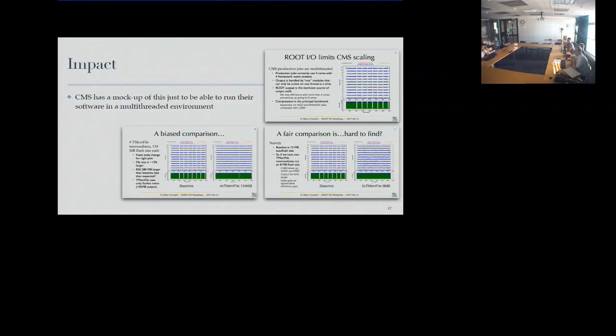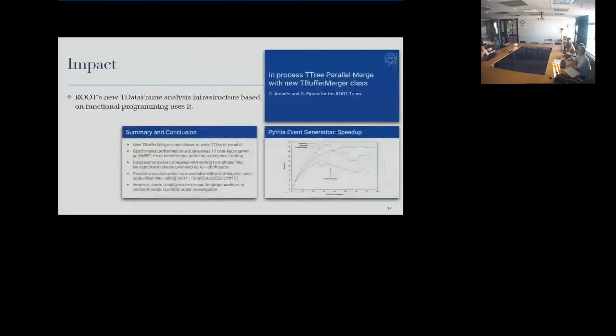This was presented a couple of times, and the last time was at the root IO workshop by Dan Riley, that they are looking into this, and they're very interested in seeing progress in this direction. I think it was a good move to have it in 6.10 so that CMS can get their hands on it and start playing with it, and hopefully solve some of the problems that they have in the IO.